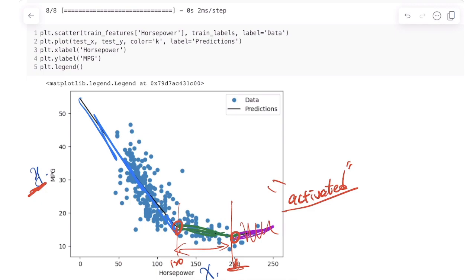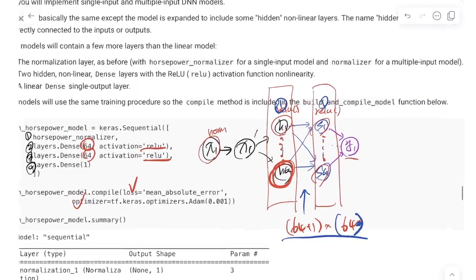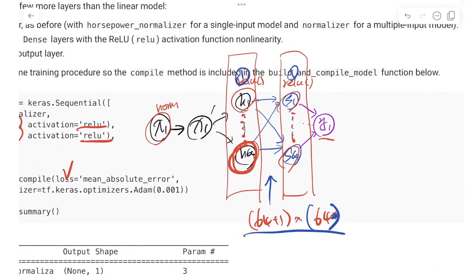And for x1 less than 120, some other neurons are activated. So it depends on how many different sets of neurons are activated to contribute to y.